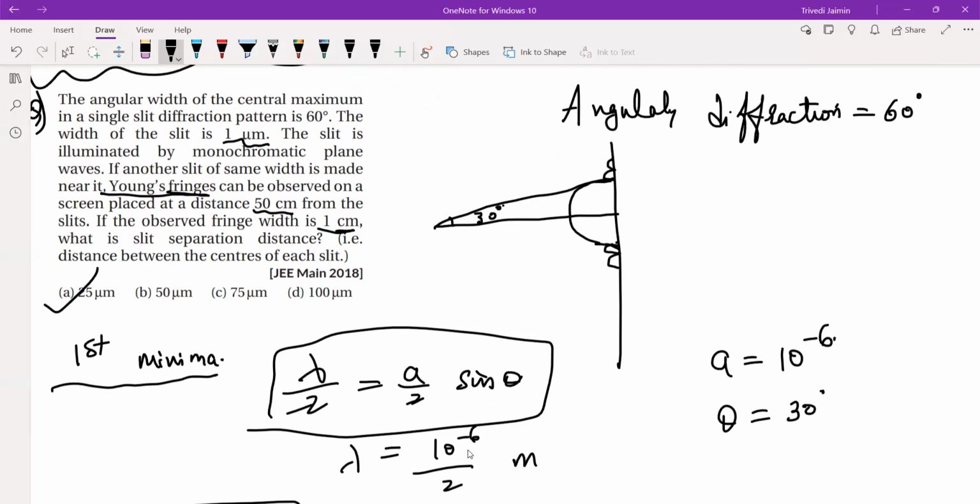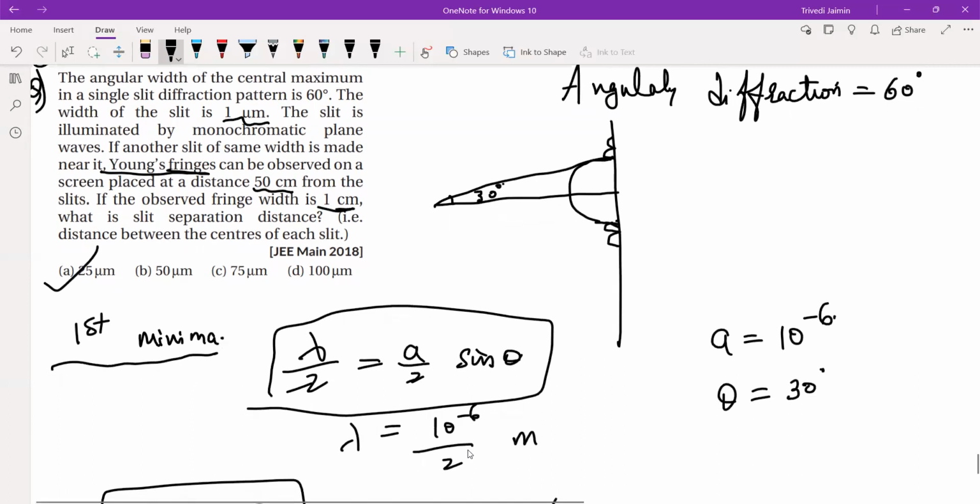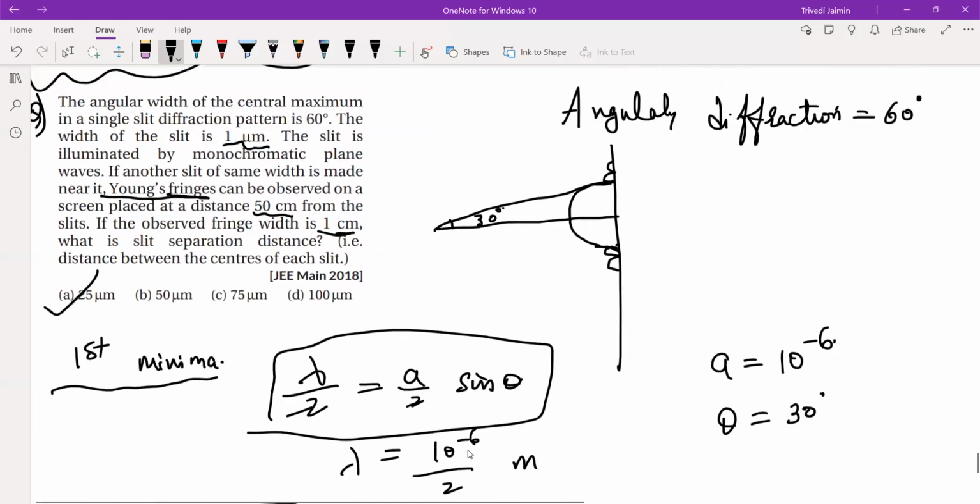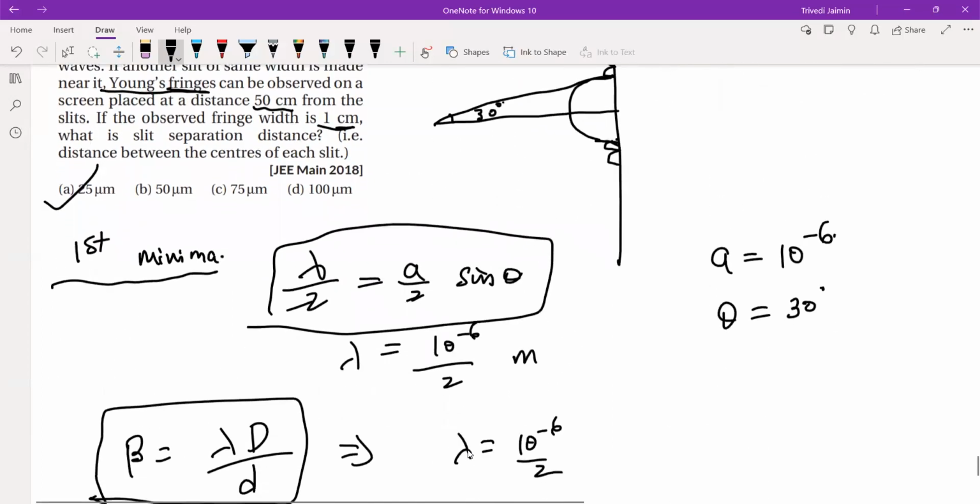Another slit of Young's fringe, and the fringe width beta is given as 1 centimeter, lambda D by d. So your D is the distance, and small d is the distance between the slits or their centers.